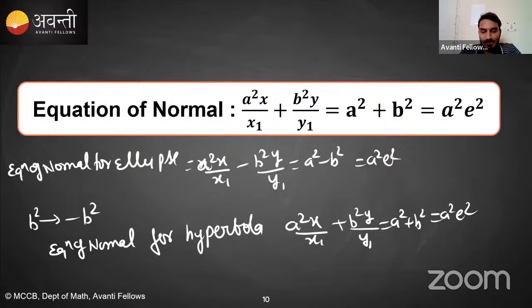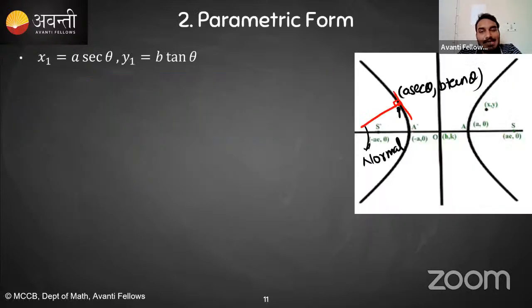Okay, if it is clear, then the same thing, equation of the normal in parametric form. First, what will the equation of normal be? Then x1 comma y1, which is a sec theta comma b tan theta, is the point which is lying on the hyperbola.